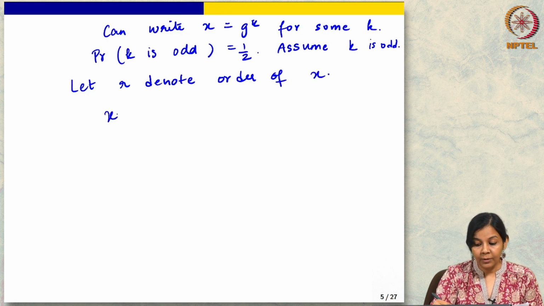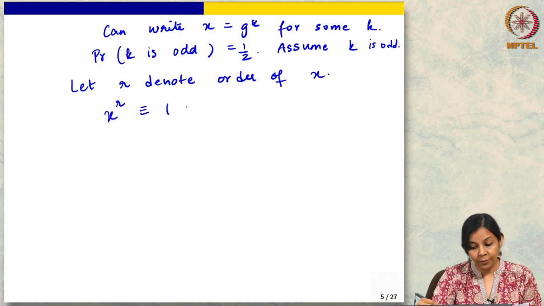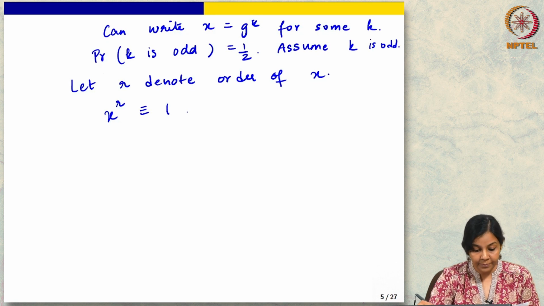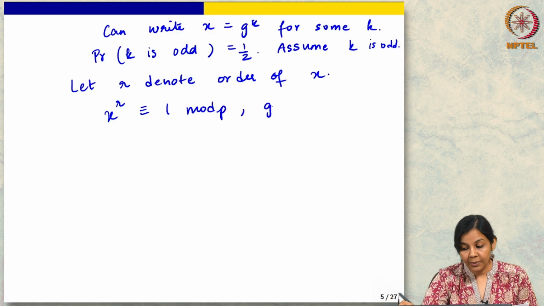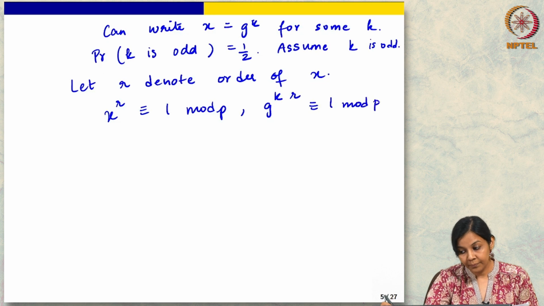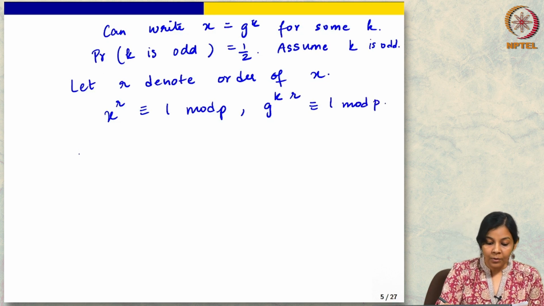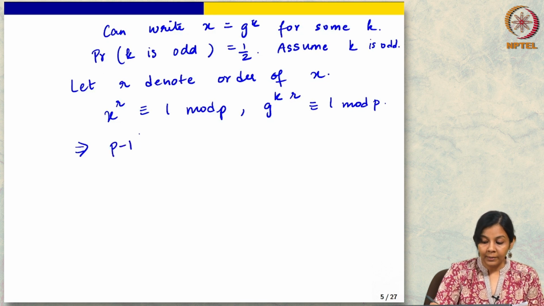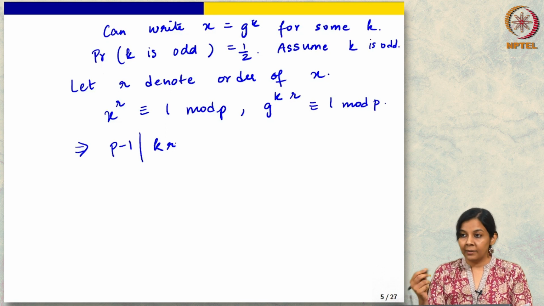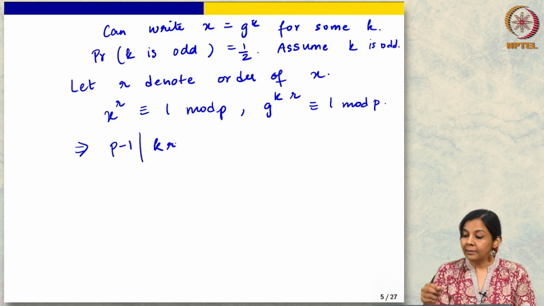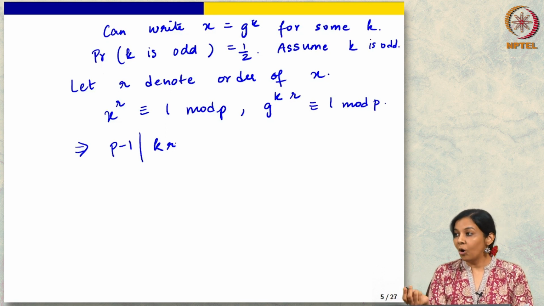So, we know that x to the r is congruent to 1 mod p, which means that g to the kr is congruent to 1 mod p. And note that this implies that p minus 1 divides kr, because g to the p minus 1 is 1 mod p, and moreover p minus 1 is the order of g.